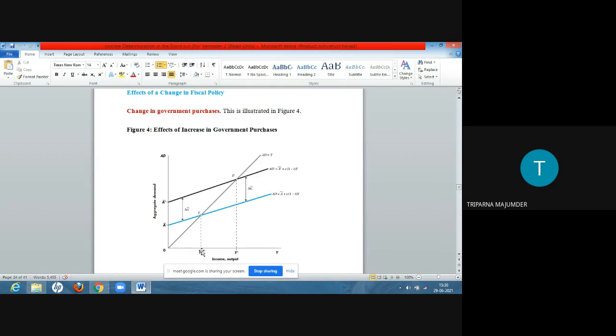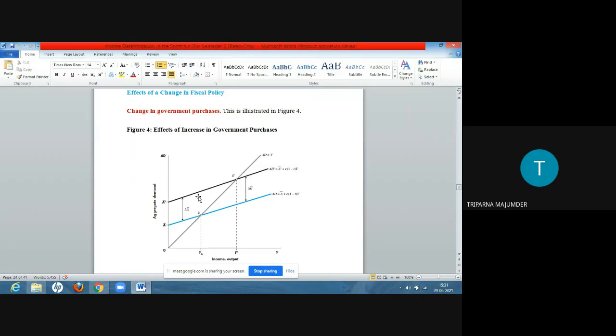Now, this is a stable equilibrium we assume. Now, there is an increase in government expenditure by the amount delta G bar. This is the increase in government expenditure.